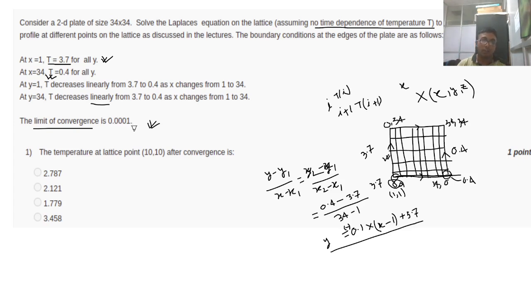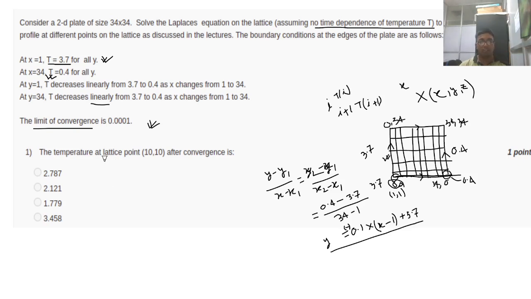Till then we will iterate this code, and as soon as the code matches this property, it will exit from the loop. Okay, so then we have some questions.